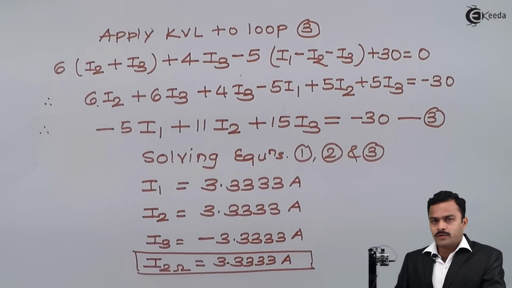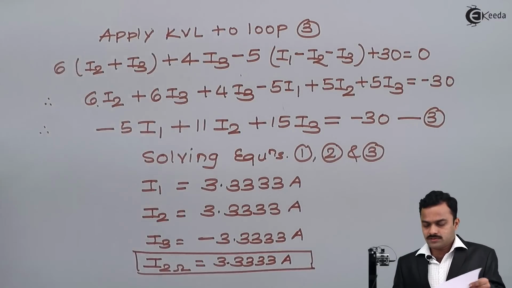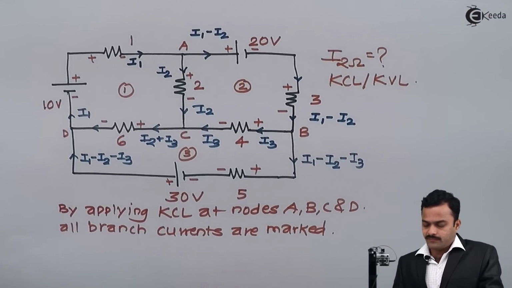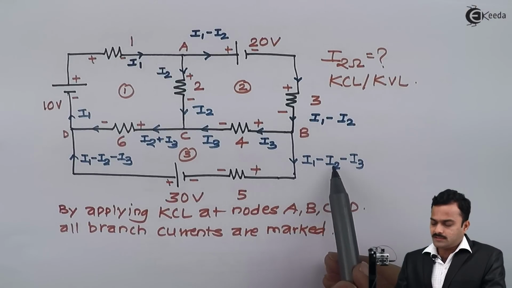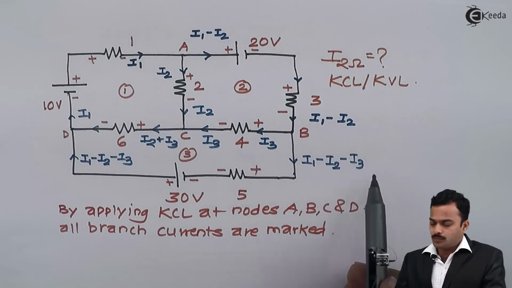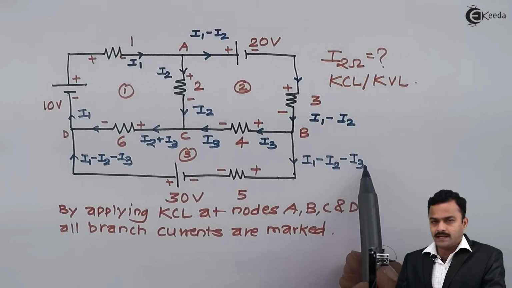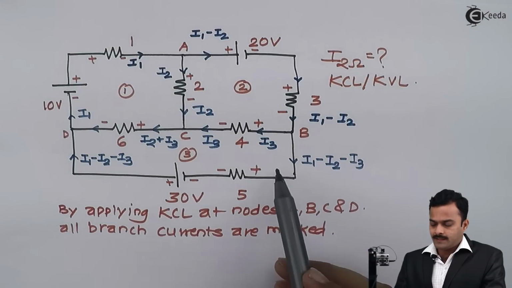This way you can get current flowing through any of the branches by using a combination of I1, I2, I3. Meaning, suppose they are asking what is the current flowing through the 5 ohm. So simply I1 minus I2 minus I3, you have to put the values of I1, I2 and I3 whatever we got and get an answer.